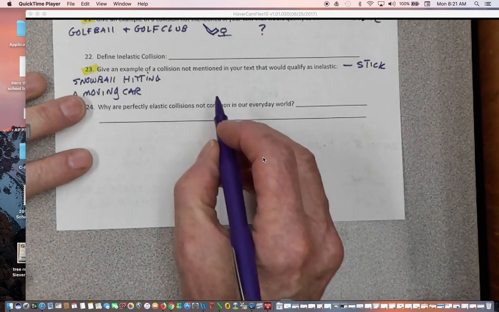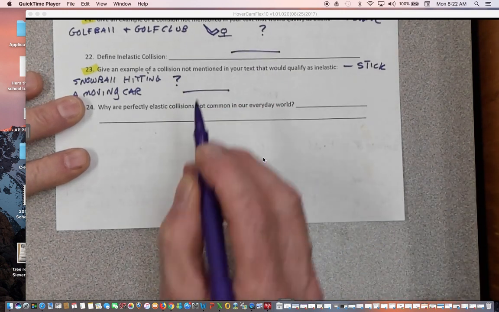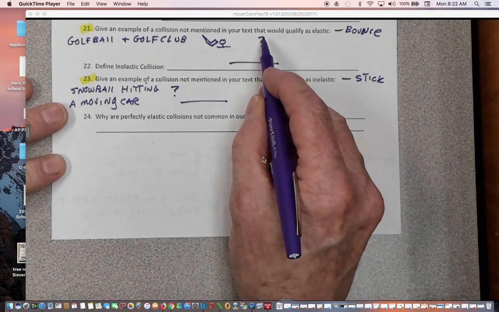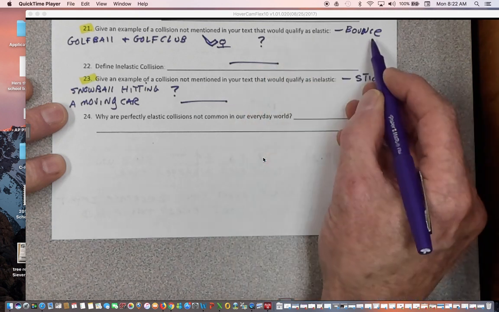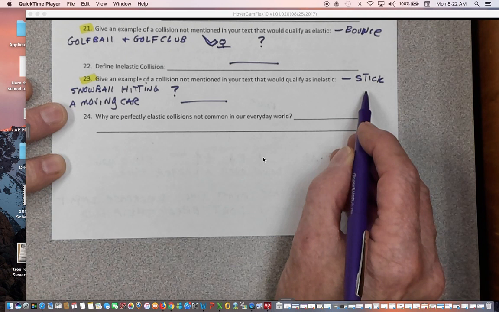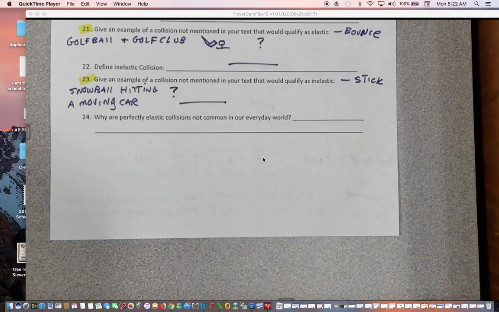You think of something on your own here where two things collide. One thing could be moving, one thing could be stationary, but they bounce apart. Here, think of something where when there's a collision, the things are stuck together after the impact.